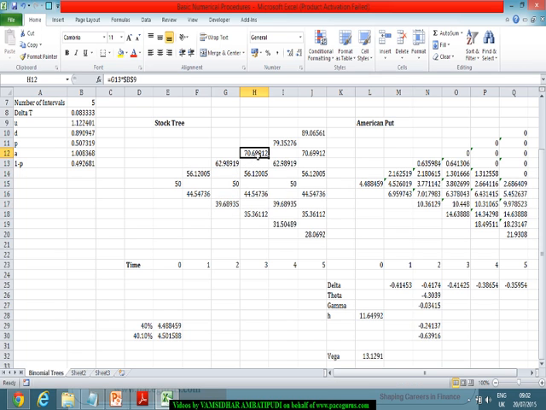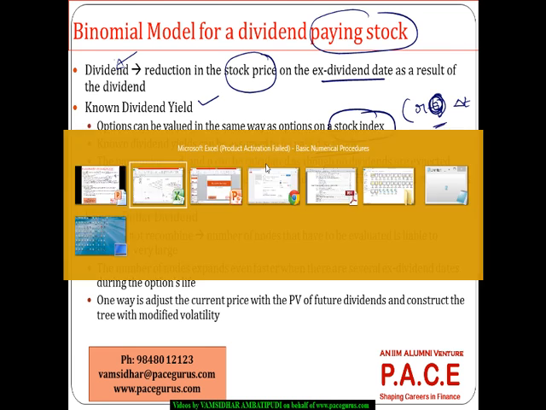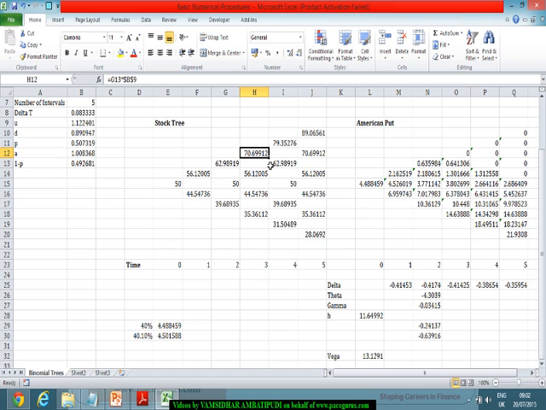But if I say here there is going to be a dividend, let's say a dividend yield of 1% is going to be declared, then from here onwards I multiply this by 0.99, saying 1% is the dividend yield. I multiply this across by 0.99.